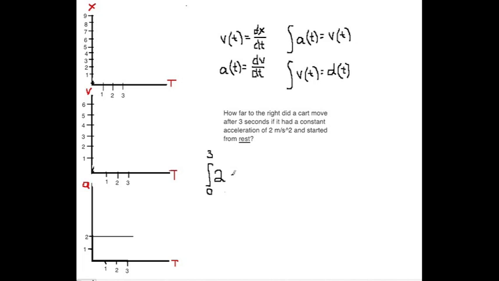You do the integral of 2 dt. This is equal to 2t from 0 to 3.